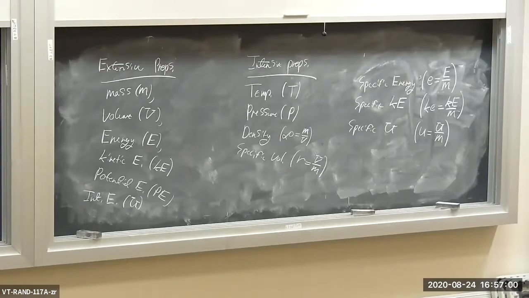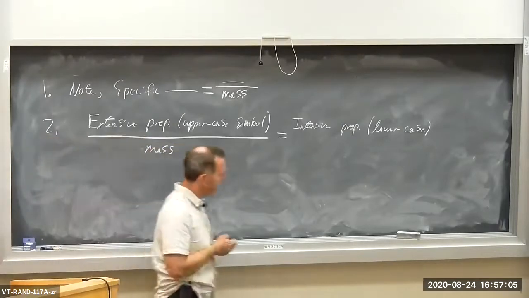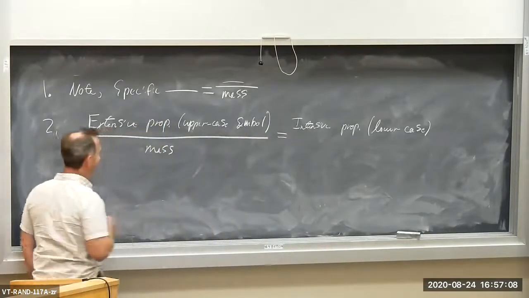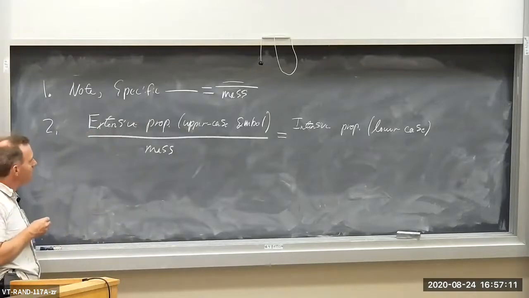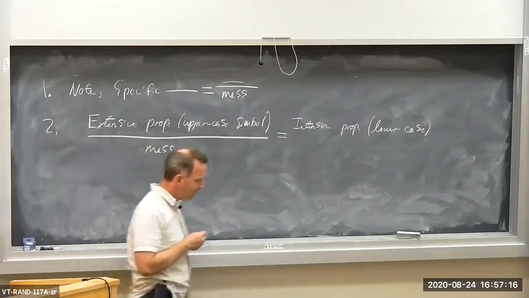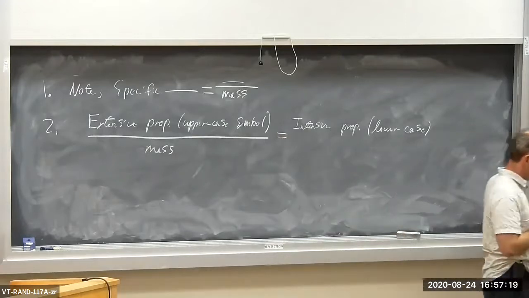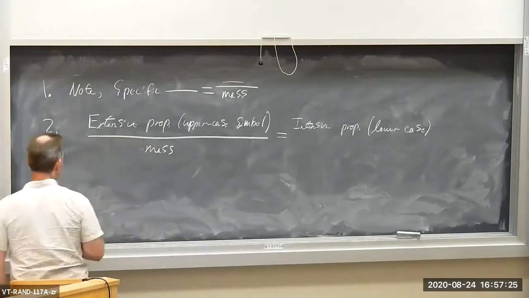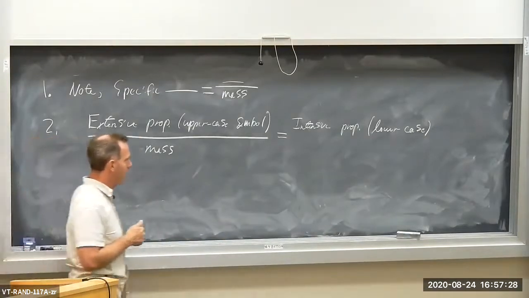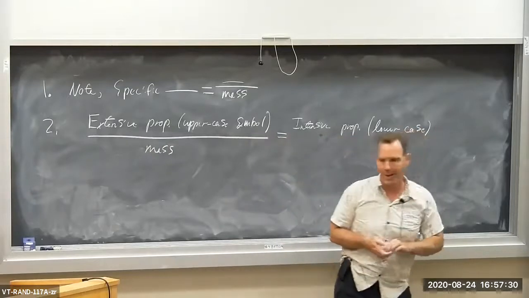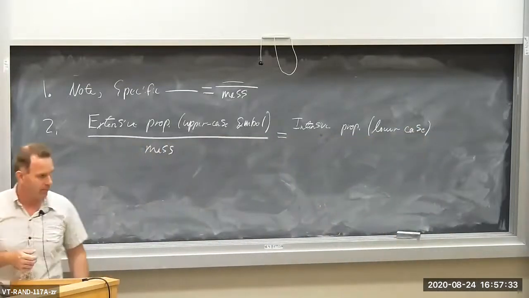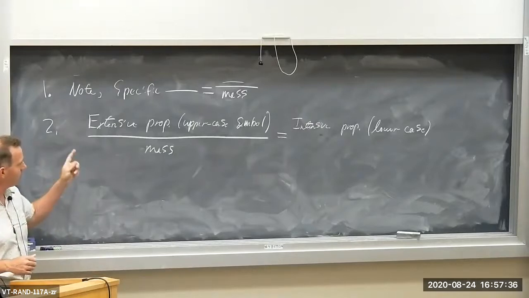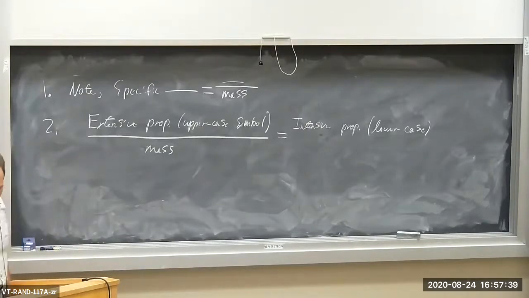Oops, sorry. So what's the second rule here? First rule, note, specific anything is that thing divided by mass. You take an extensive property, which is represented in uppercase. You divide it by mass, that will give you specific that thing, symbolized by a lowercase quantity, and therefore an intensive property. Uppercase divided by mass gives you a lowercase.